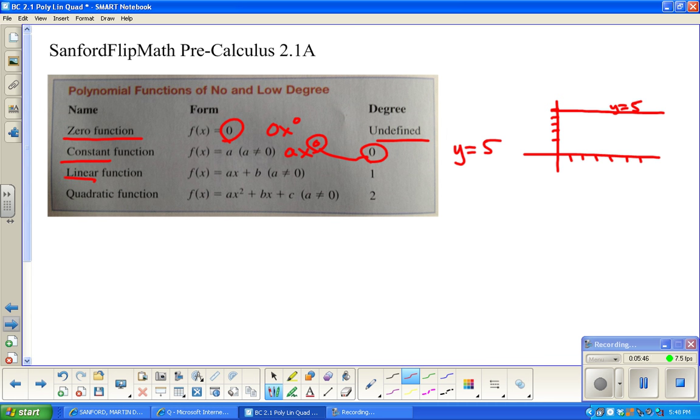This is linear, shockingly enough, because it makes a line, and we're more used to seeing this y equals mx plus b. And we're more used to seeing it that way. And of course, when we graph it, it makes a line. And quadratic, as you know from your history with math.